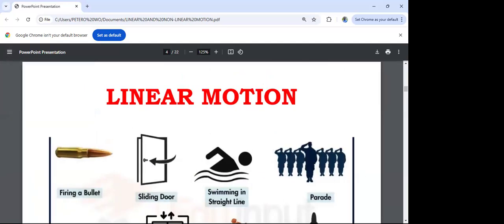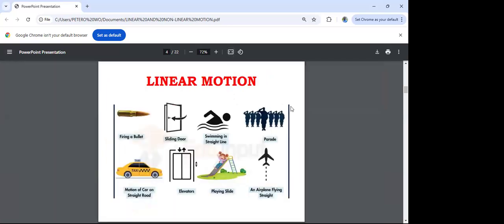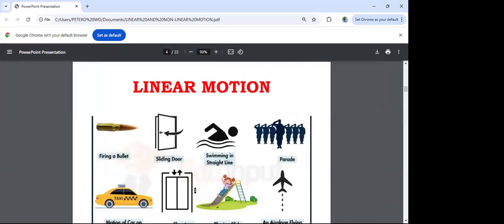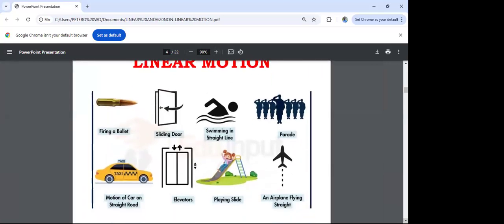For now, we are going to be looking at the linear motion. Under linear motion, there are things that we can be able to see. There are diagrams that they have put for us under linear motion, and I want you just to observe those diagrams.